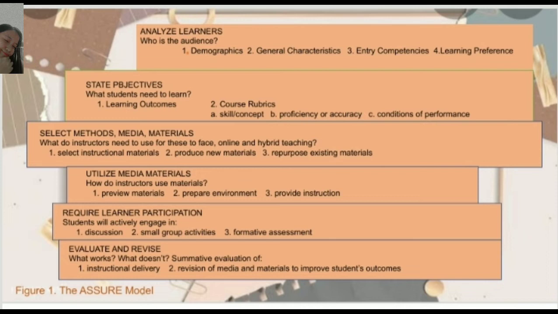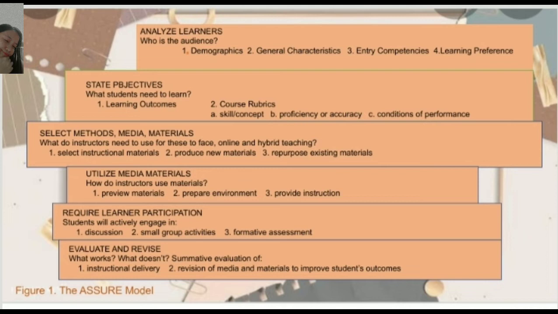Select method, media, materials. What do instructors need to use for this to face online and hybrid teaching? 1 is to select instructional materials. 2, produce new materials. 3, repurpose existing materials. Utilize media materials.